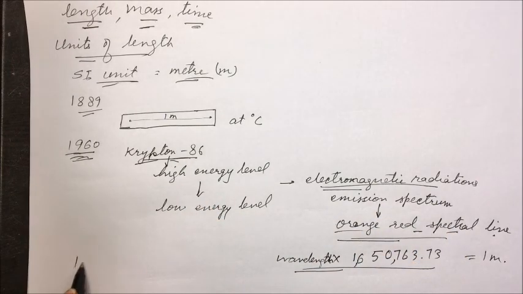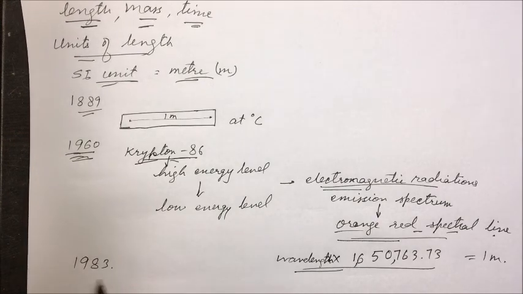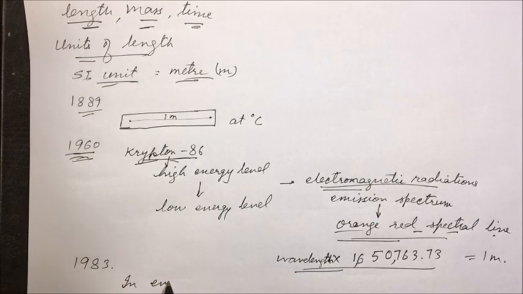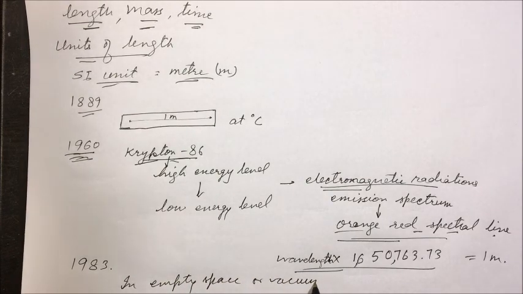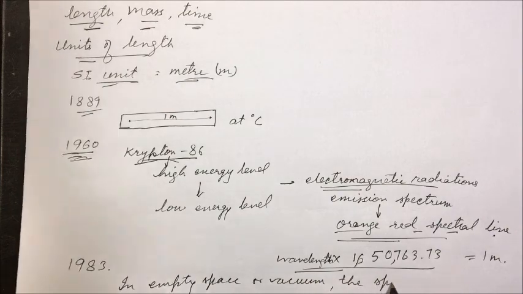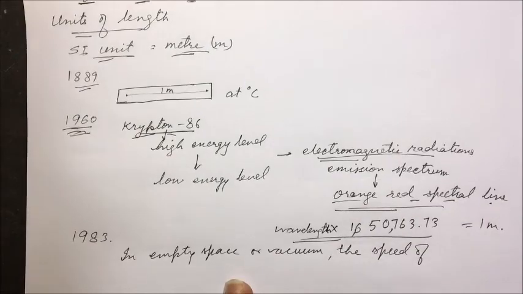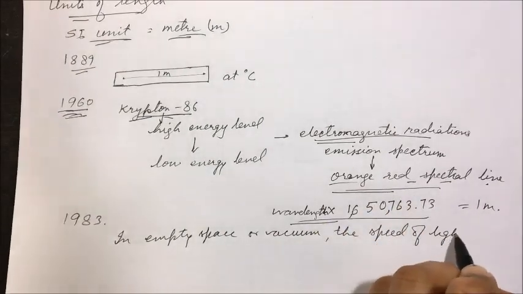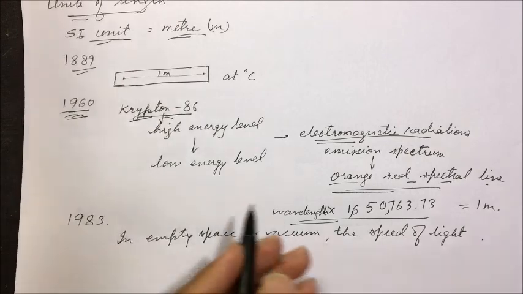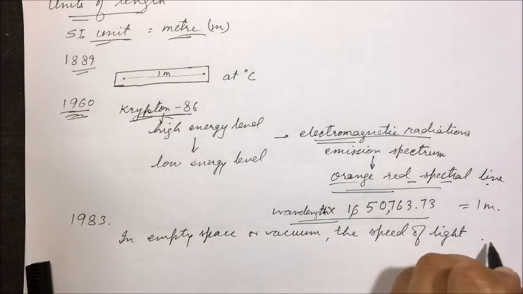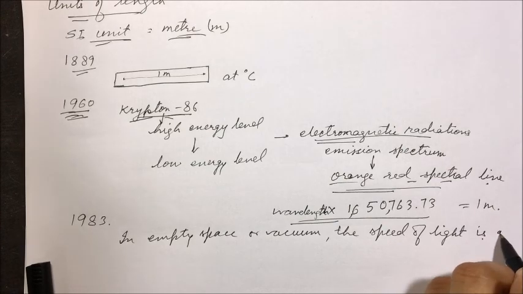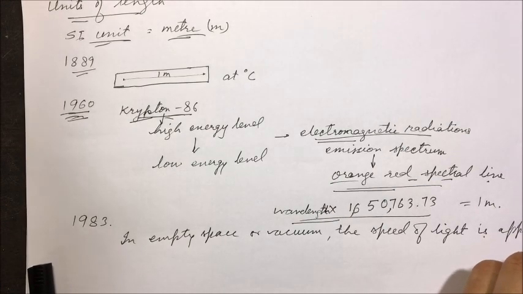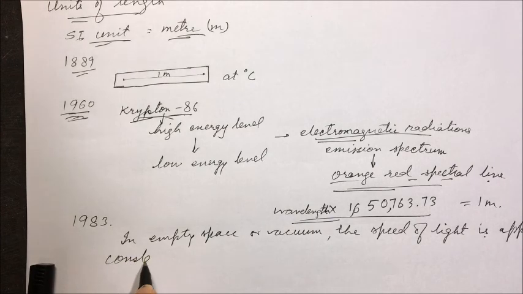But in 1983 it was again changed, as we know that the speed of light in empty space or vacuum is apparently constant or unchanging.